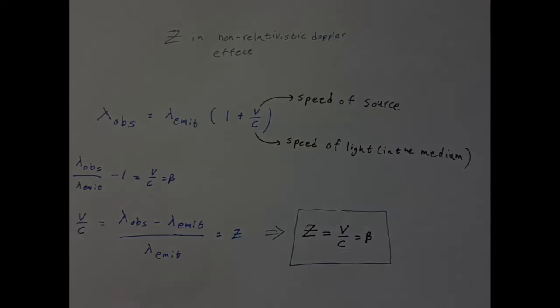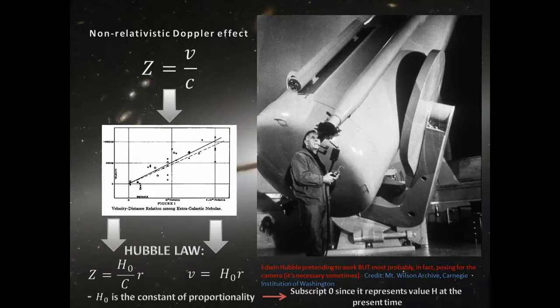But yeah, that's it. As you saw, in the non-relativistic case, z is equivalent to v over c, or beta, and so you can say z is directly proportional to v. So by the earlier results, where z was linearly proportional to r, or distance, we can say that their speed is also linearly proportional to the distance.